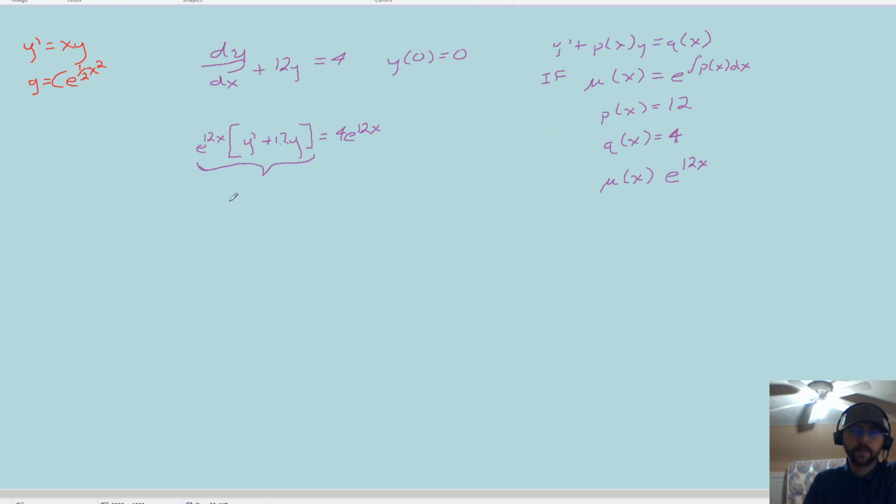I think it's just y e to the 12x. I think you just keep y equals 4e to the 12x. That doesn't look right because we're just going to divide that out and get y equals 4. That's the problem. I don't remember how to do this method.